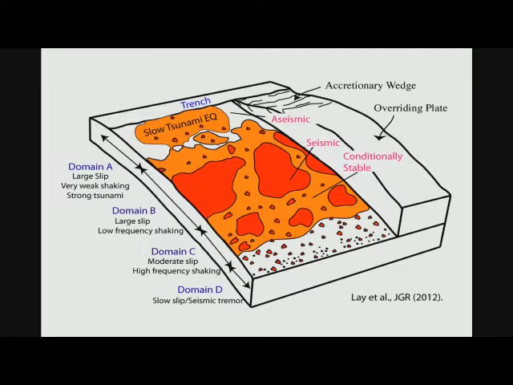Then I'm going to move down here and talk about this transition. That's where we'll talk a lot about slow slip. That's where mostly slow slip has been observed, at this down dip transition in subduction zones. And then we'll talk about the up dip transition and about whether we can propagate slip to the trench and what's going on at the up dip.